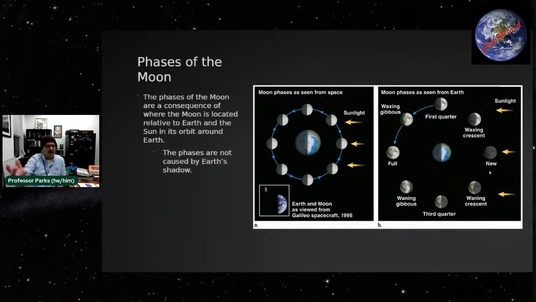Here are the 8 principal phases: new, waxing crescent, first quarter, waxing gibbous, which apparently means hump in Latin, full moon, waning gibbous, third quarter, and waning crescent. Again, it all depends on our perspective angle to the lit side of the moon.